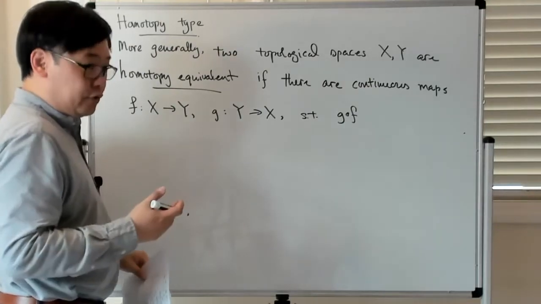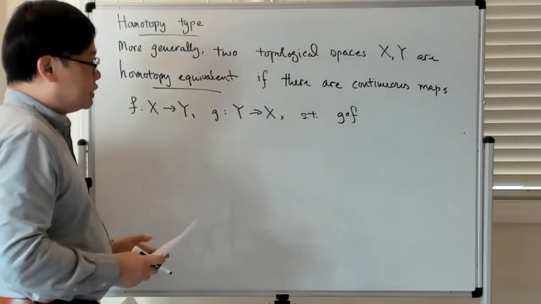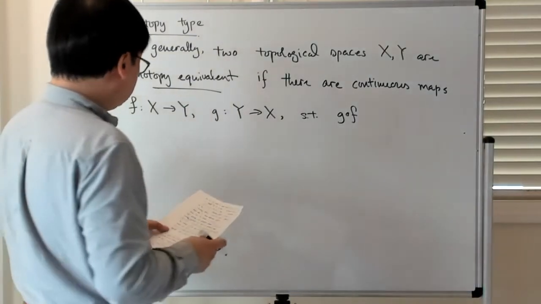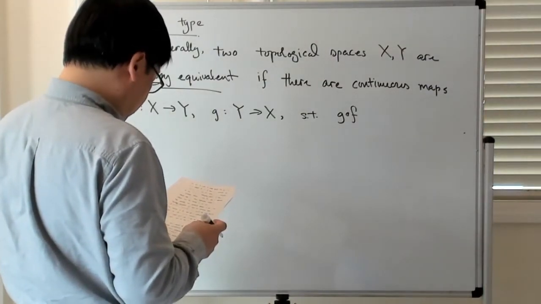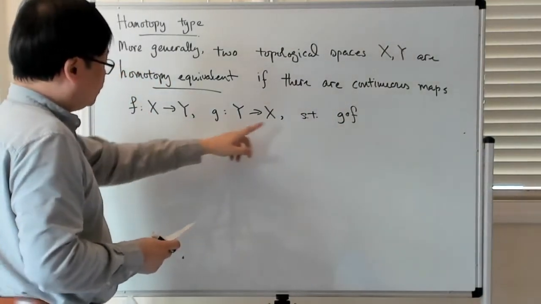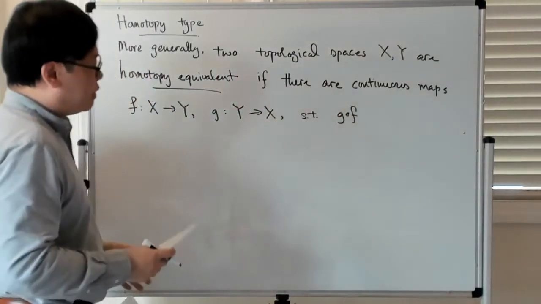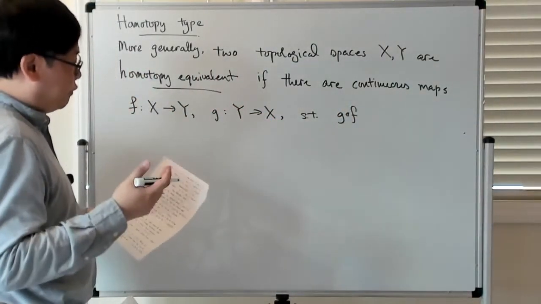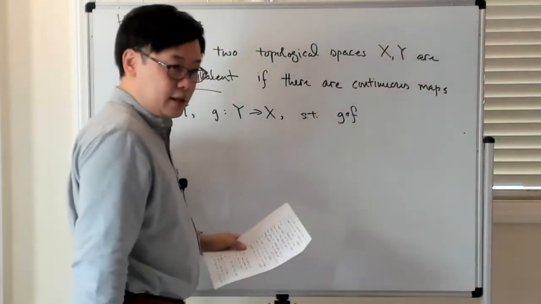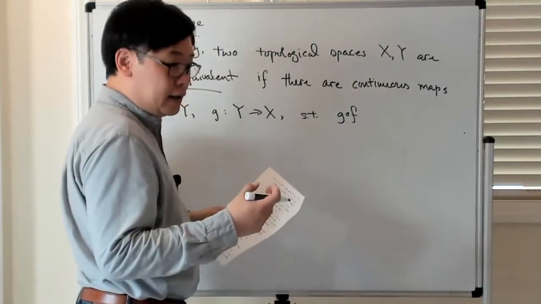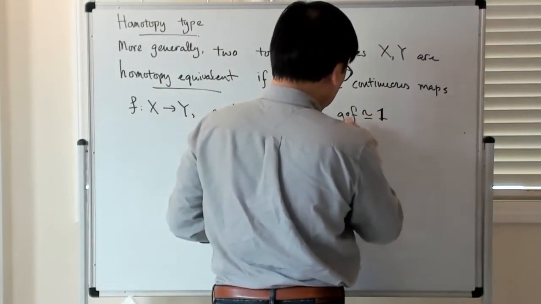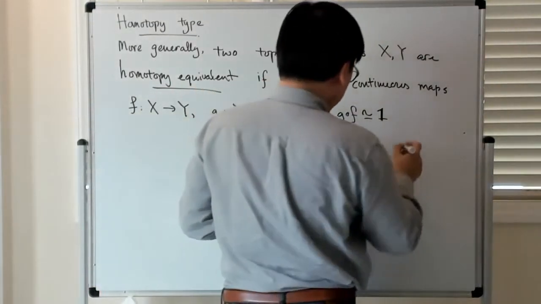Normally, if G was the inverse of F, this would be the identity map on X. Now instead of it being the identity, you just require that it's homotopic to the identity on X.